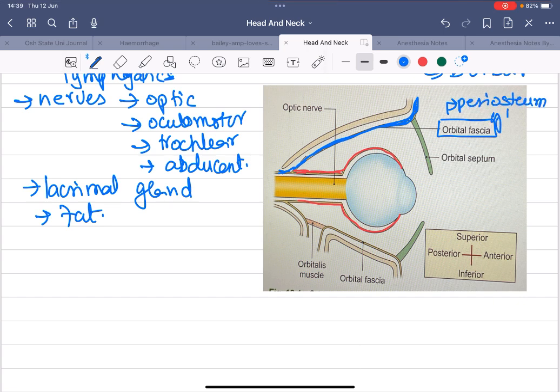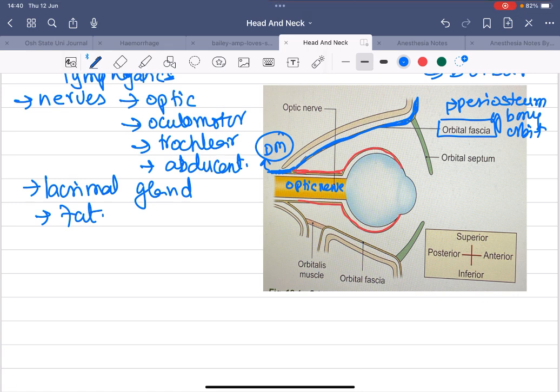Posteriorly it is continuous with the dura mater and with the optic nerve sheath. So this is your optic nerve. Anteriorly, it is continuous with the periosteum lining the bones around the orbital margin.